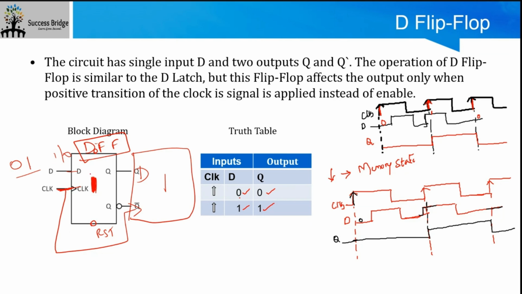So 1 will first go here in the first clock pulse. In the second clock pulse, this 1, which is already here, will shift right to the next flip-flop, and 0 will come here.